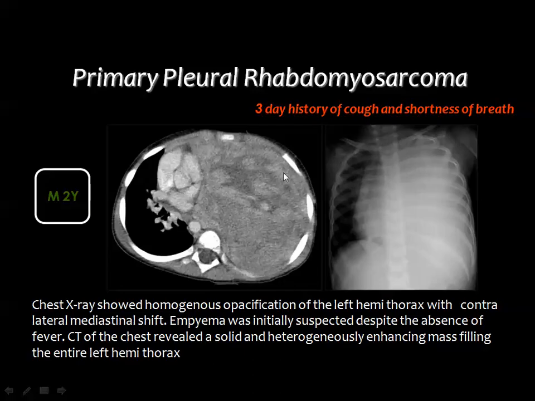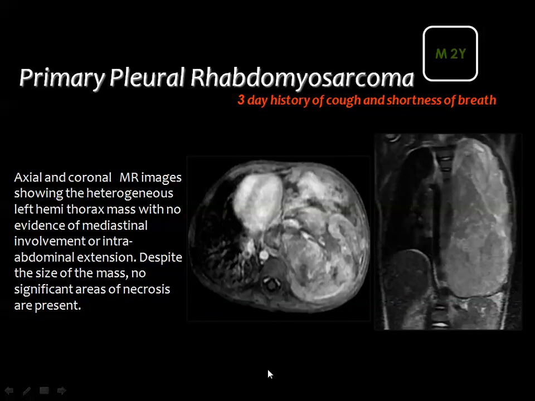The mass does not contain calcium, and this is not a big issue for the diagnosis of neuroblastoma. And you should think that this lesion may represent a neuroblastoma. Then you go by biopsy, and this was proved to be a pleural rhabdomyosarcoma.